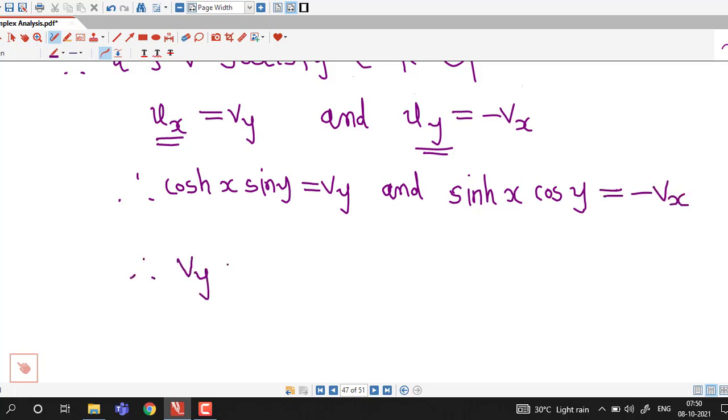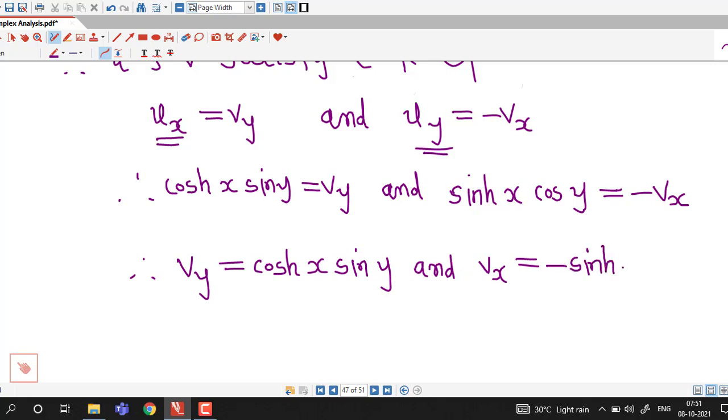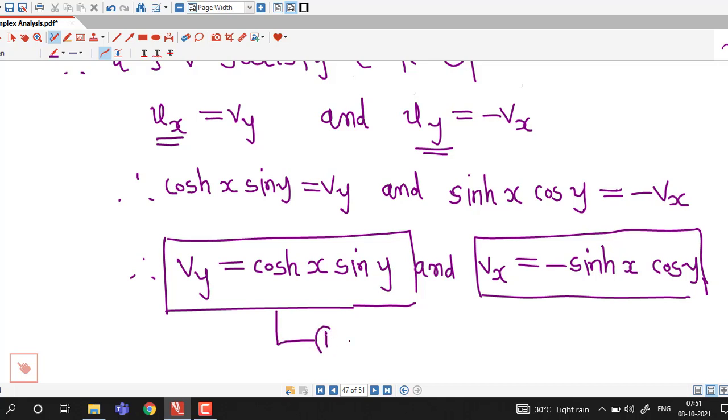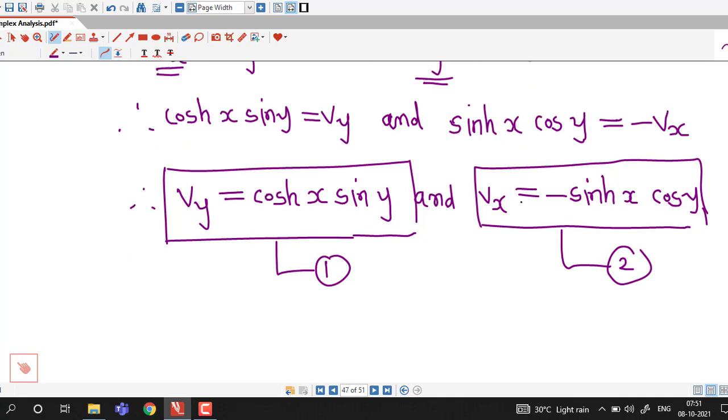So here we obtain the partial derivatives of the required harmonic conjugate with respect to x and y. This is del v by del y, and del v by del x is minus sin hyperbolic x times cos y. So from these two partial derivatives we will be able to find the function v. We label these two equations as number 1 and 2.